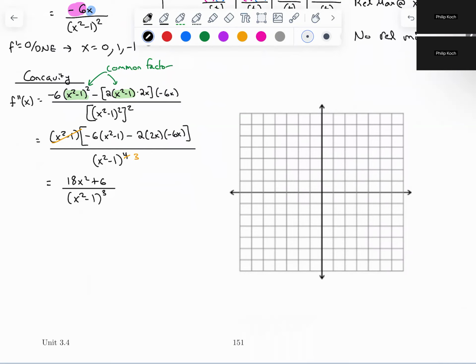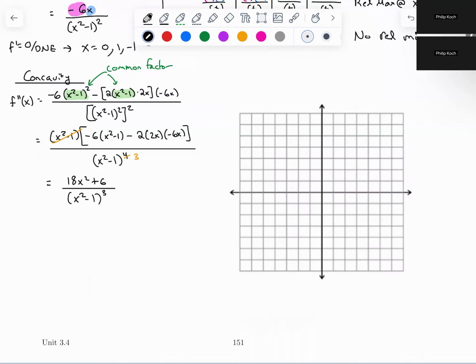However, in some situations, if you don't factor it out, it'll make it really difficult for you to factor. You'll have to bust out the rational zeros theorem, or beg me for the zeros of it. But anyways, 18x squared plus 6 over (x squared minus 1) to the third power.